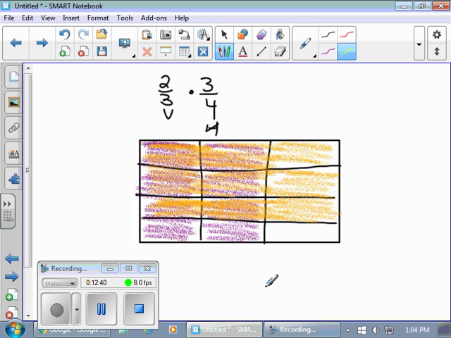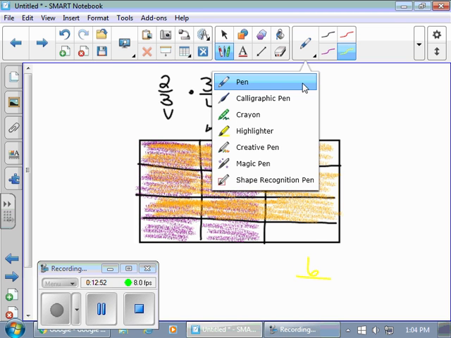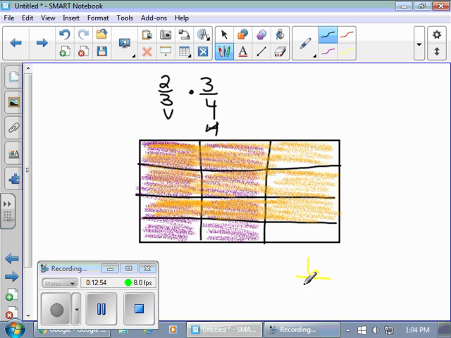Now, what you're going to do is how many squares got colored by both? How many squares got colored by both? 6. And how many total squares do I have? I know, I can't see it either. 1, 2, 3, 4, 5, 6, 7, 8, 9, 10, 11, 12.